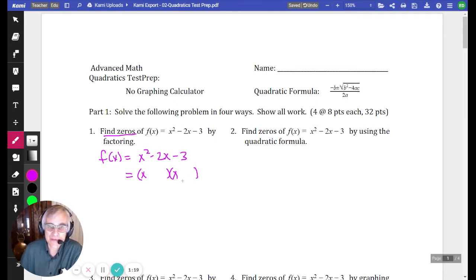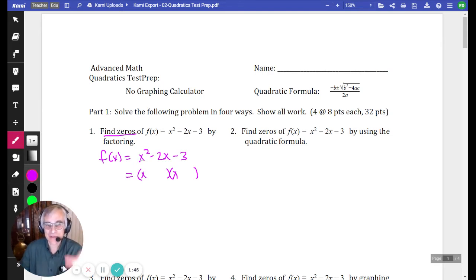And when we distribute these two factors together, we're going to see that the middle term of my quadratic is equal to the sum of these two numbers, and the constant term is going to be equal to the product of these two numbers. Now, this is a simplified way of looking at it that really only works well when the leading coefficient of the quadratic is 1.